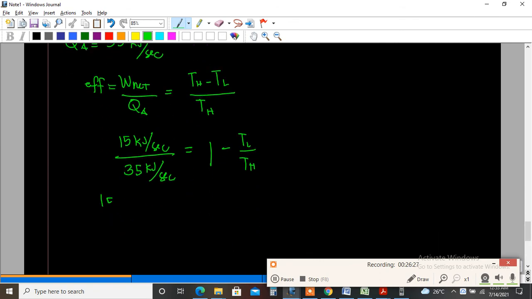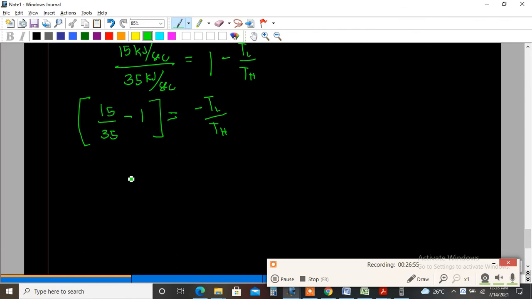So 15 over 35 minus 1 is equal to negative TL over TH.